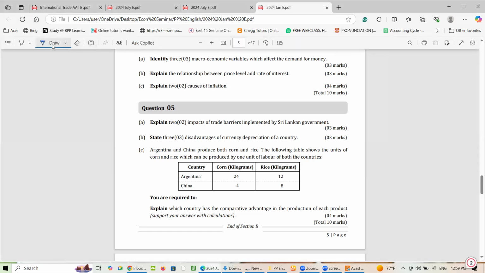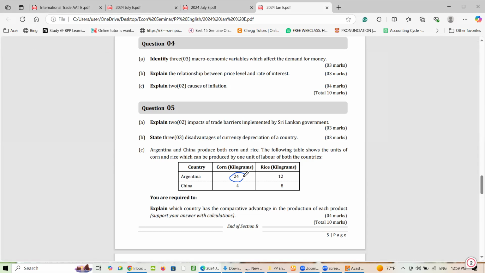In this example, just assume that Argentina has absolute advantage for corn production. China has absolute advantage for rice production. Just assume that here, but with these figures, you can't. Then China makes excess amount of rice and exports them to Argentina because China has absolute advantage for rice. How about Argentina? Argentina has absolute disadvantage for rice. So then Argentina doesn't allocate resources for rice production.